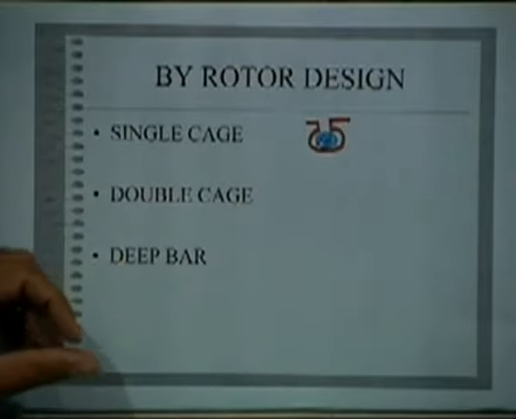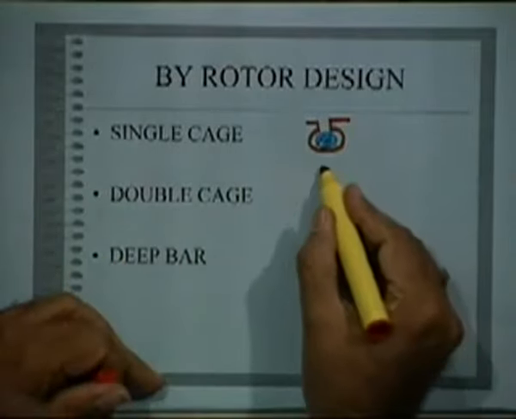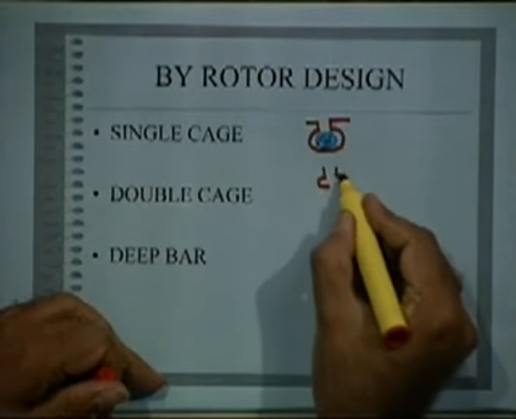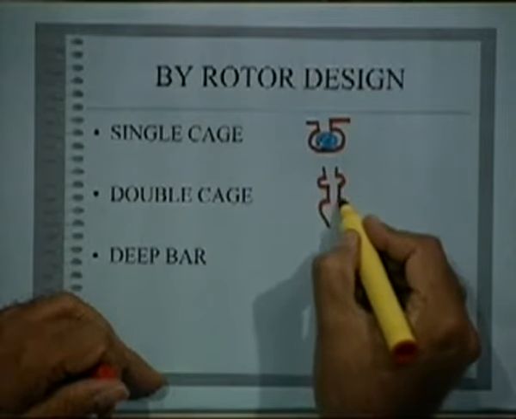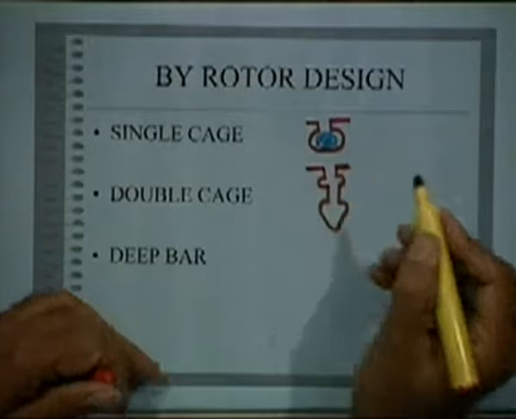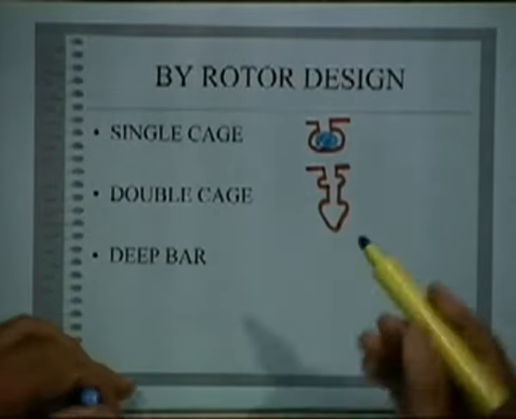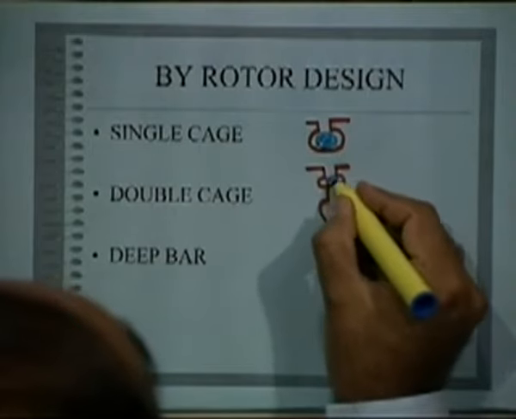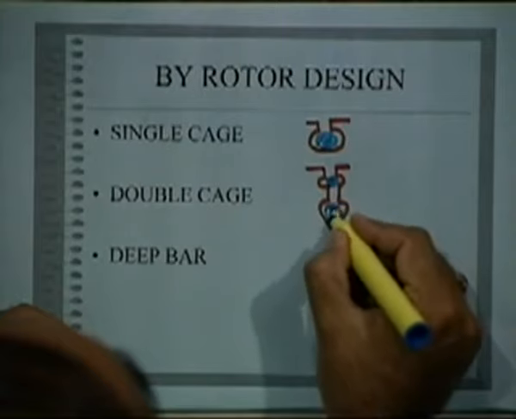Now there is what is known as a double cage. In a double cage, you make two cages. This is typically a double cage slot, where you have one conductor on the top cage, another conductor on the bottom cage.